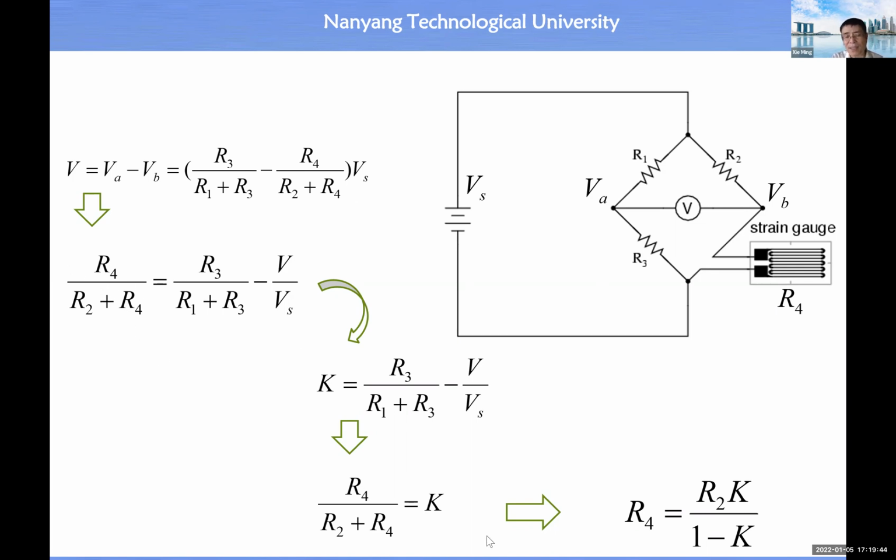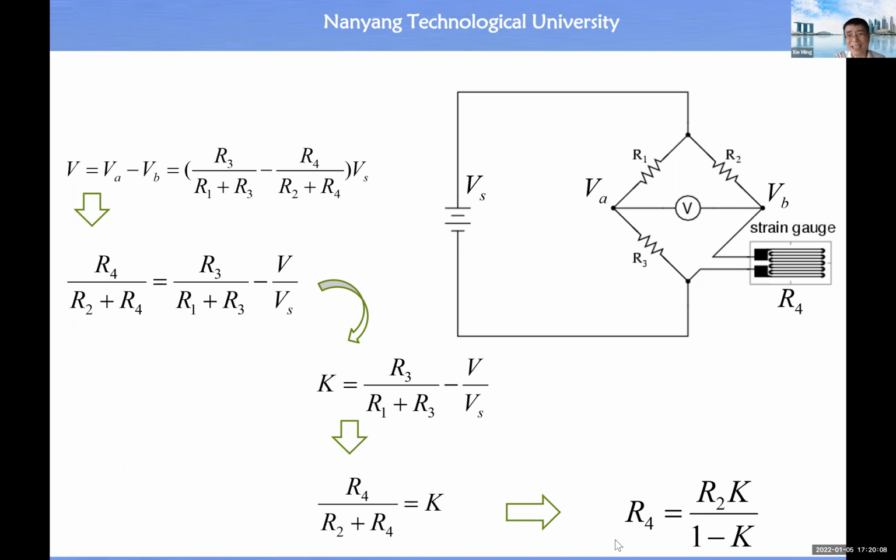So from this equality, we can calculate K, because when this changes, we will get the value of K. Then from this equality, we can easily solve for R4. Then R4 equals R2 times K divided by 1 minus K, all right?